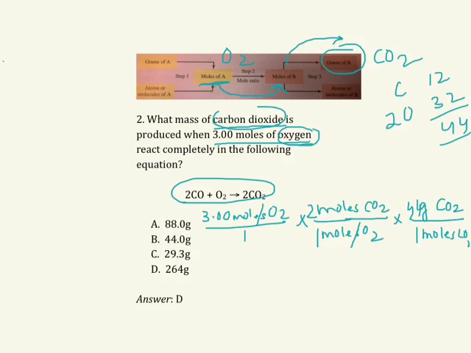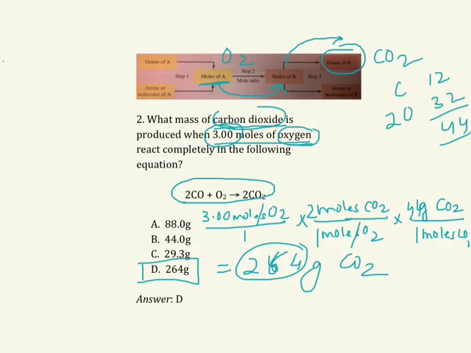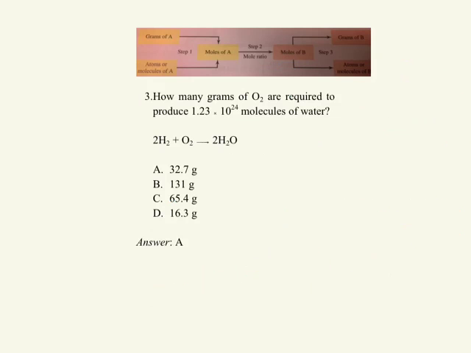So 3 times 2 times 44, and when you do that, you get 264 grams of carbon dioxide. 3 significant figures in the question, 3 significant figures in the answer. Your answer is B.